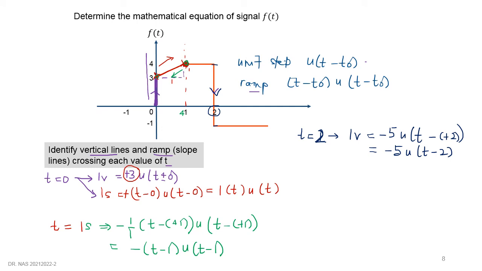So you have considered all the t's. Now let's write down the complete equation. For the complete equation, you just sum all the components up.